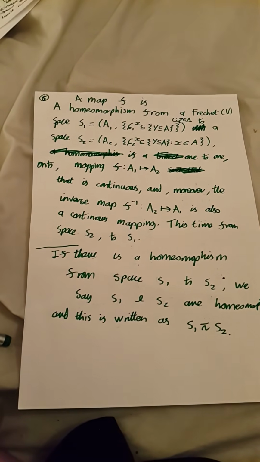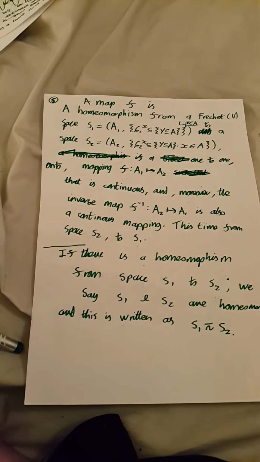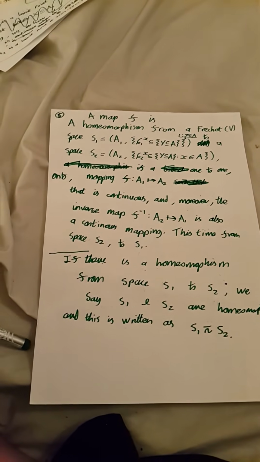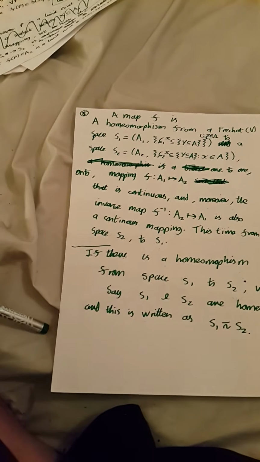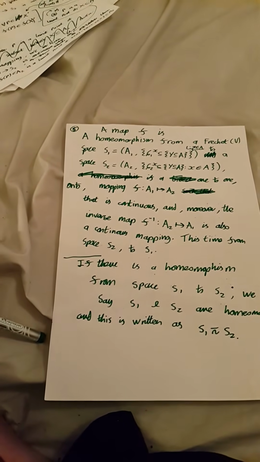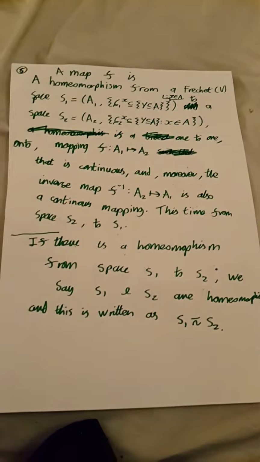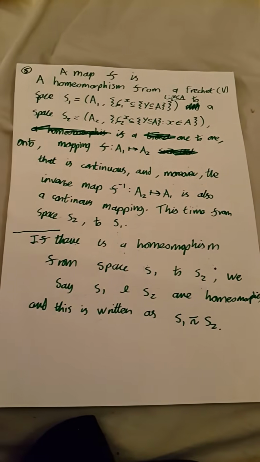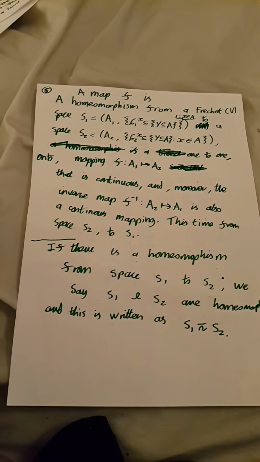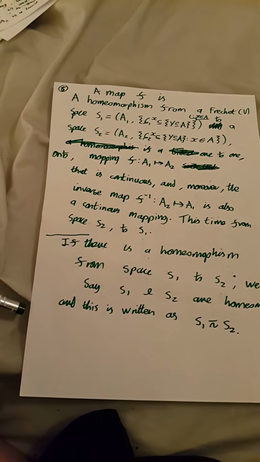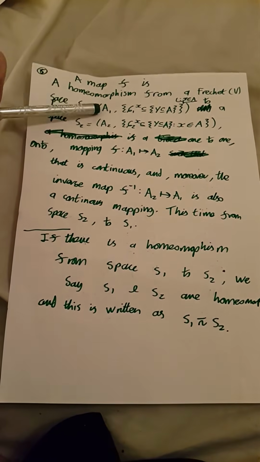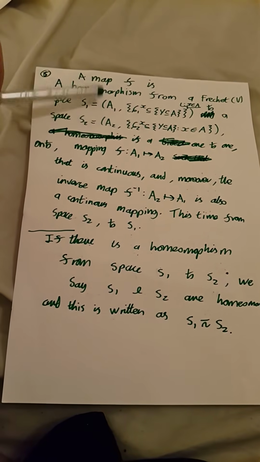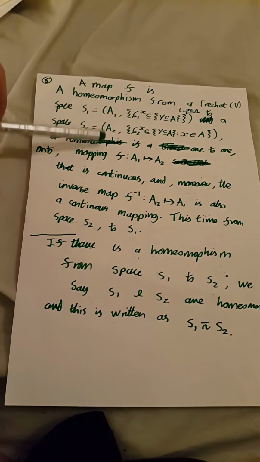A homeomorphism is a mapping from one Frechet V space S1 to Frechet V space S2, and it is continuous, and it works as a bijection on the sets that these two spaces are based on.